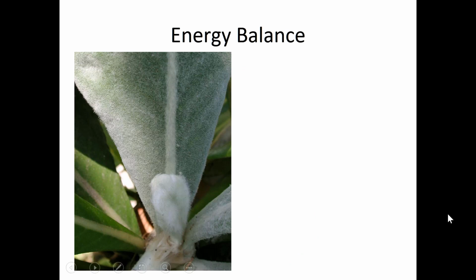Another aspect of the energy balance has to do with ways that plants can maintain their temperature without losing too much water. So the loss of water, the opening and closing of stomata, the maintenance of temperature of a leaf is not involved just with water savings, but also with energy balance. So what are some of the ways that plants can maintain their proper temperature and not lose too much water or too much energy?